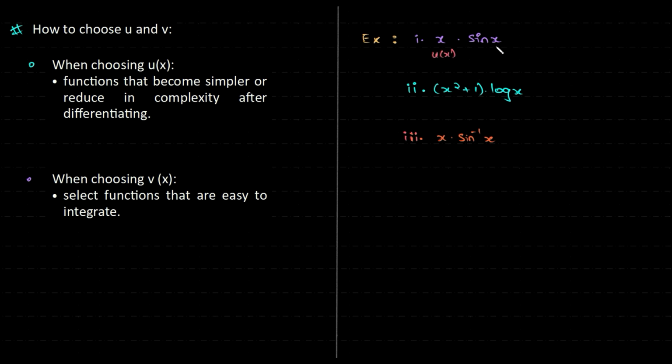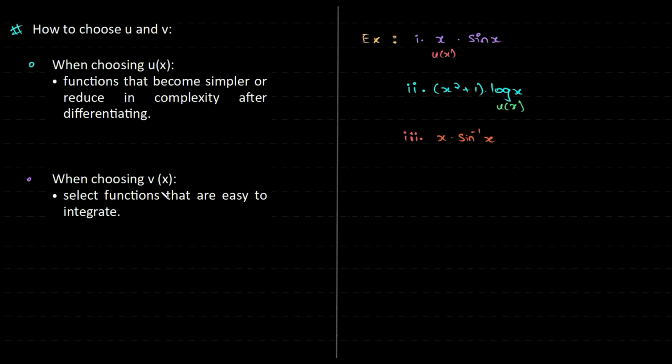So this has to be u of x and this will be v of x. Right? Next, between this, the tendency for us to pick u of x as x squared plus 1 is high, but integrating log of x is something that we have not learnt. So in this case, it is log of x that we have to pick.